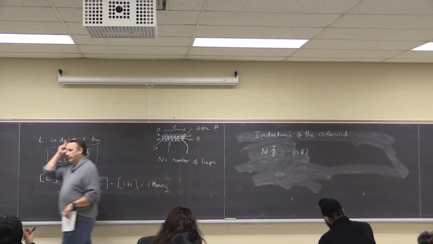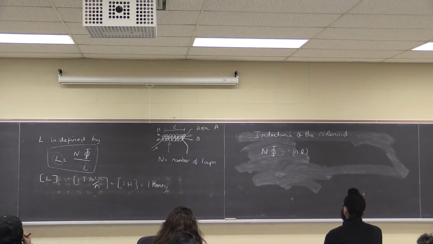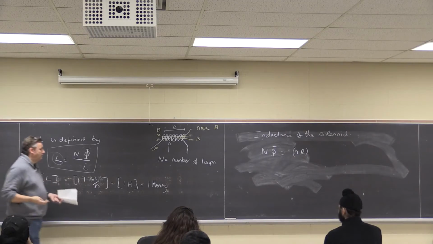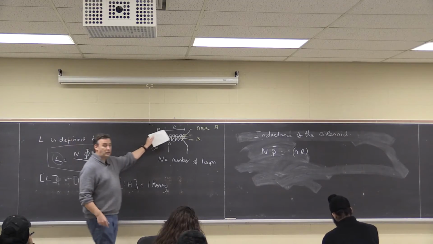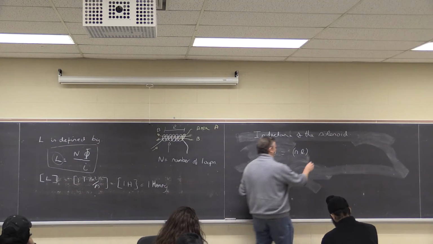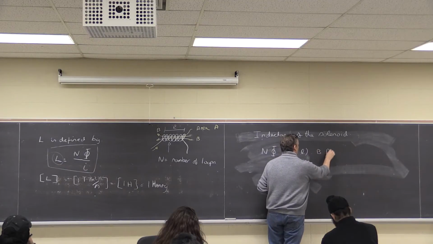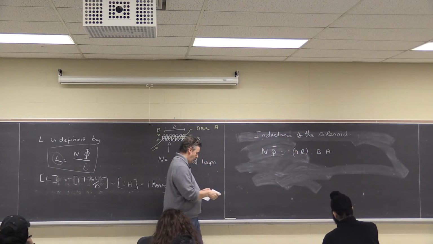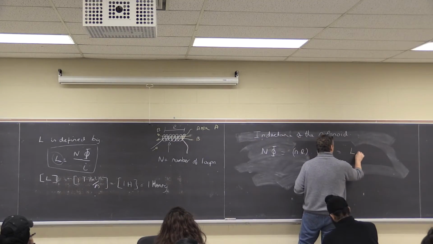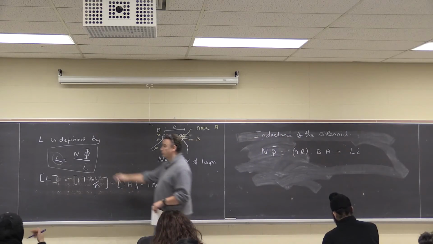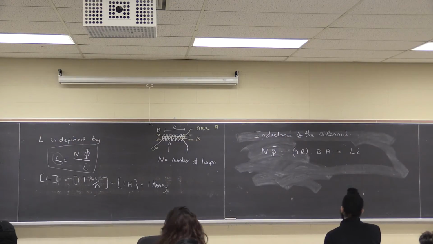What's the flux? Well, some integral of B dot dA. B and A are the same direction in a solenoid. B is constant in the solenoid, close enough to. A is the cross-sectional area, so let's just call this B times A. And that's going to equal the inductance times the current. So I've just rewritten this equation and plugged some other values in.